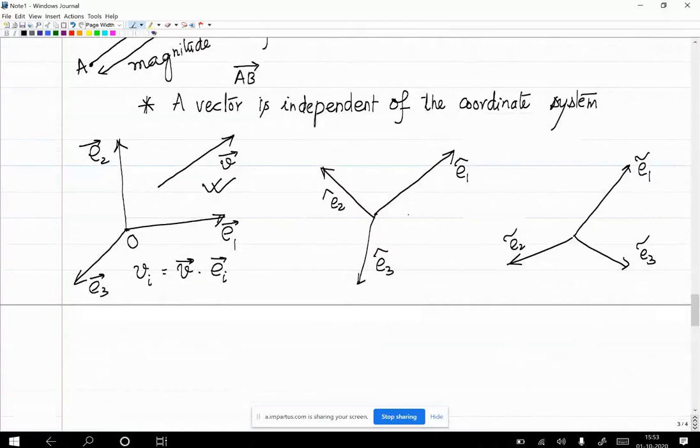In this coordinate system, Vi is equal to V dot Ei hat. And here, Vi is equal to V dot Ei tilde. So the components of a vector will of course change from one coordinate system to another. Why is it so? Because component is always related to a direction, and when you change the coordinate system, the basis vectors of the coordinate system change, and therefore the component will also change.